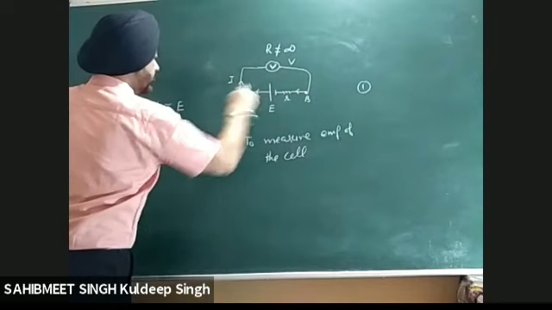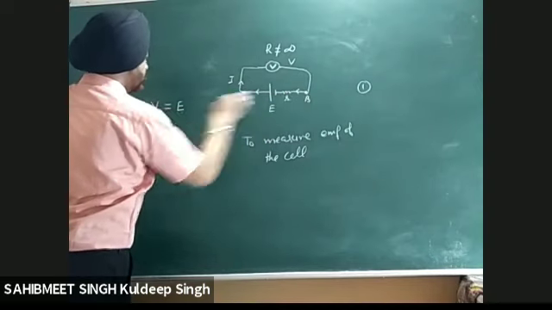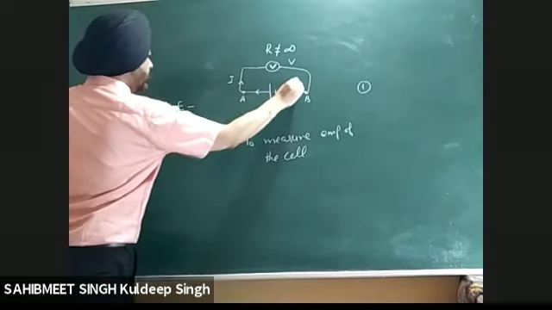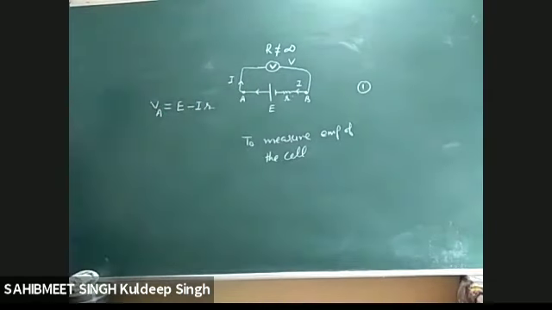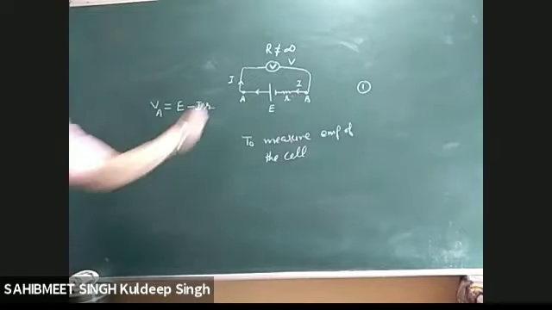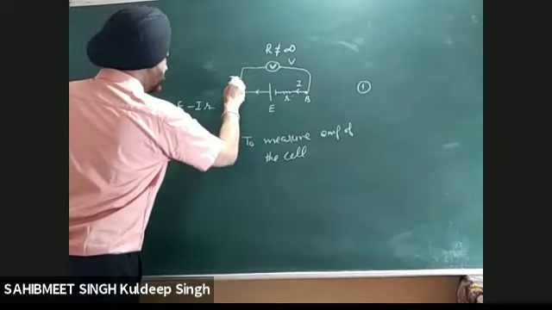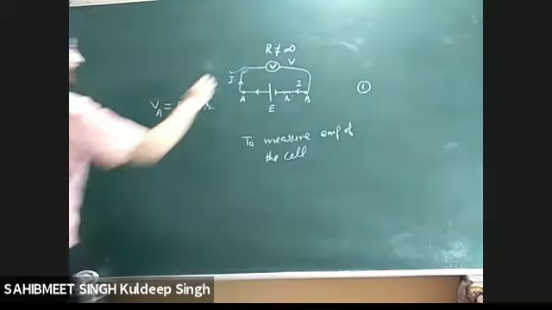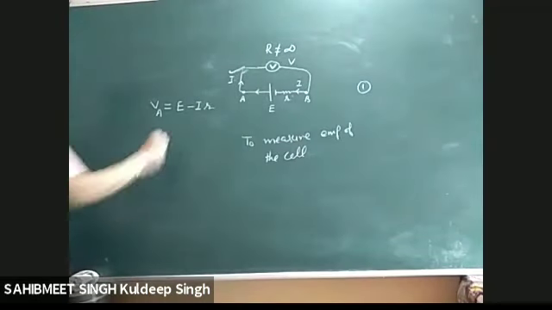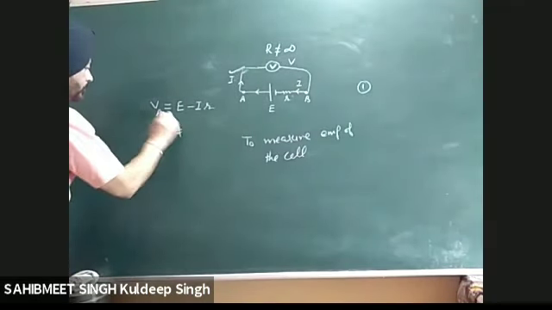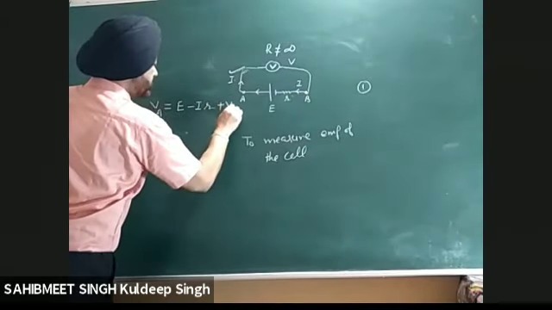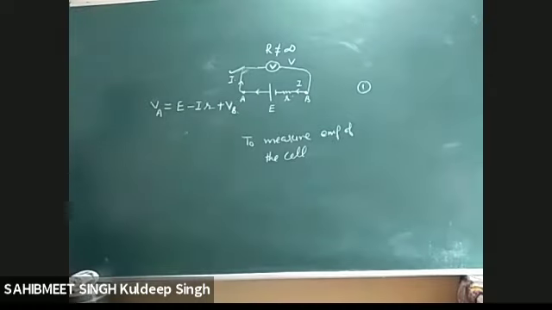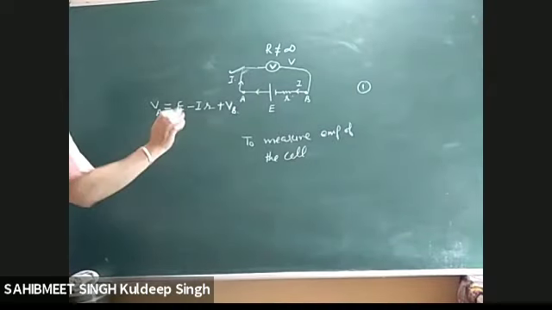Current is going this way, I am going opposite, so minus I into R. This is the problem. Now this voltmeter is drawing some current from the cell. Here I is not equal to zero.